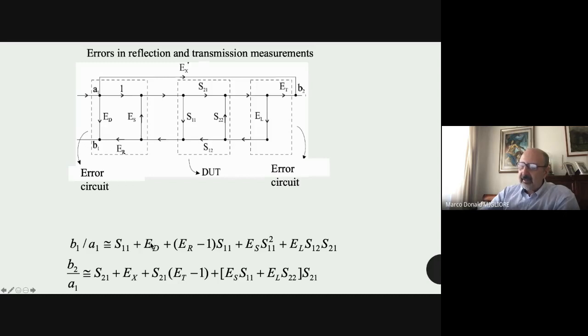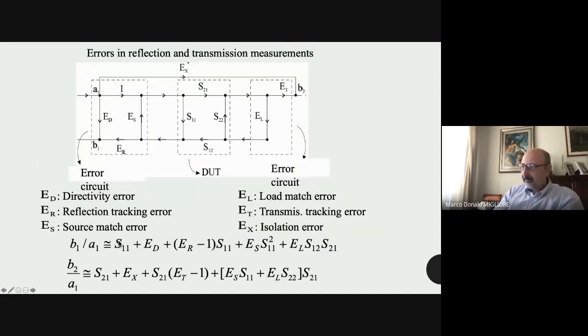And what is interesting in this case is that, for example, the reflection coefficient that the vector network analyzer really measures is not only a function of the reflection coefficient of the device, but also a function of the transmission coefficient. Why?